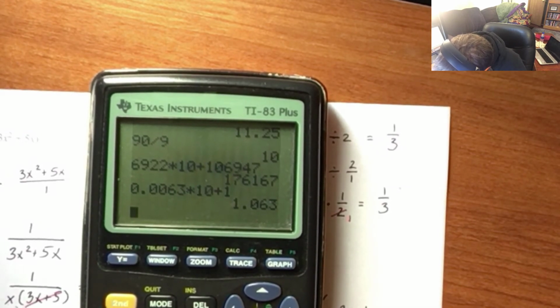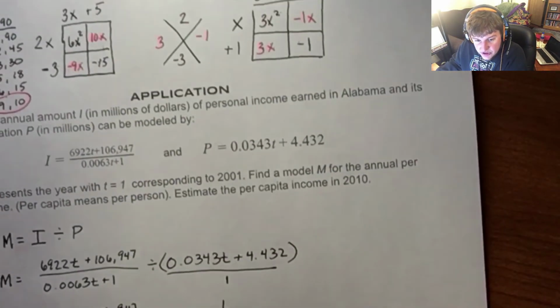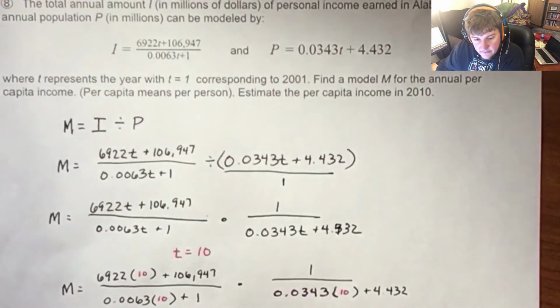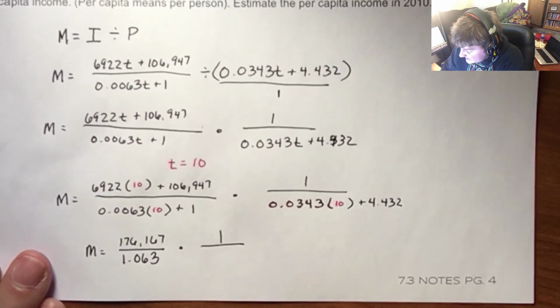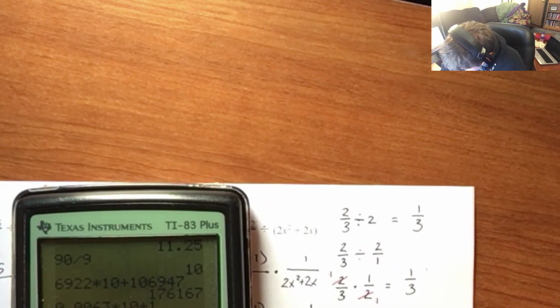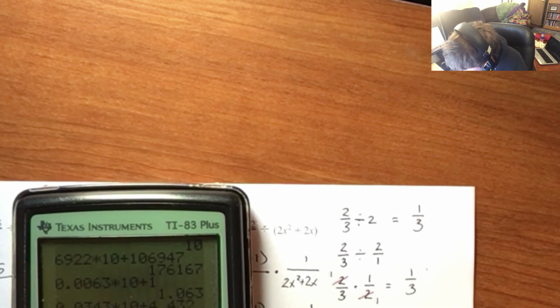Now let's identify this number here, 0.0343 times 10 plus 4.432, and that is 4.775.